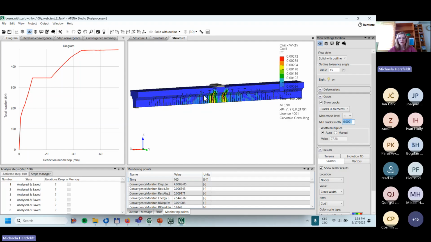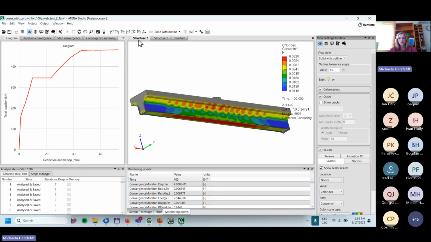So you can see where the cracks are, because the model is designed to cause more harm where it is cracked, where chlorides or carbonation can penetrate easily. So where we can see the cracks, it should also be visible in the results for carbonation and chlorides.